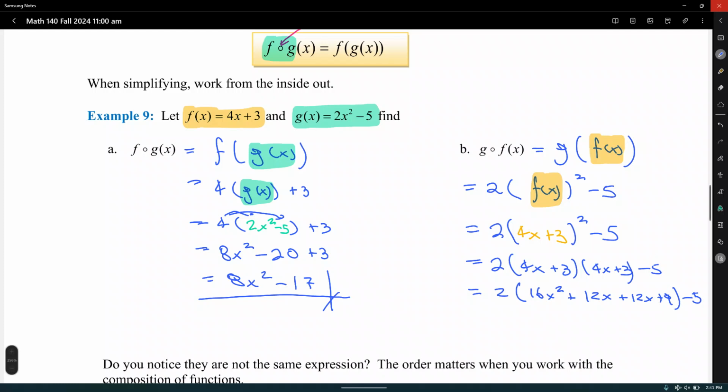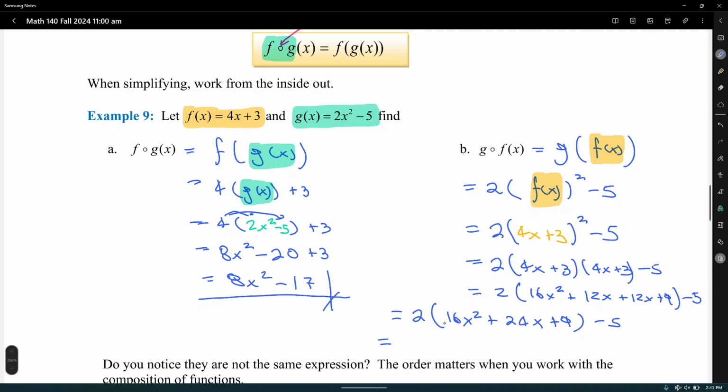Keep carrying it. All right, this will result in, okay, combine like terms: 2 times 16x squared plus 12x, oh wait, combine like terms, 12x plus 12x, that's 24x, plus 9, and then subtract 5 from there.